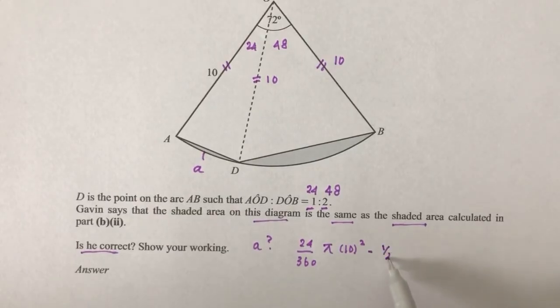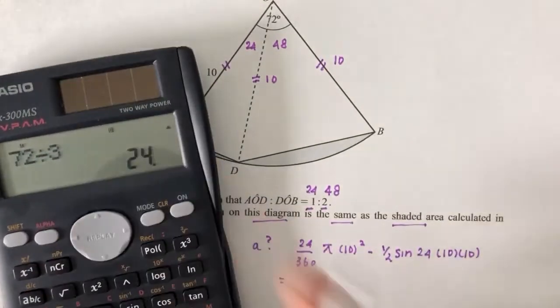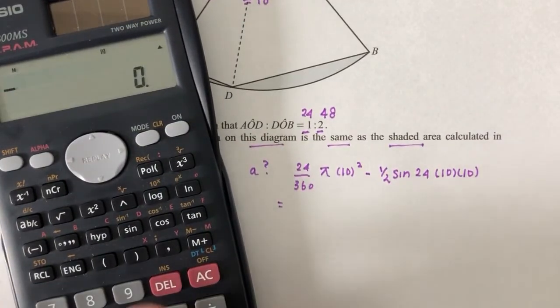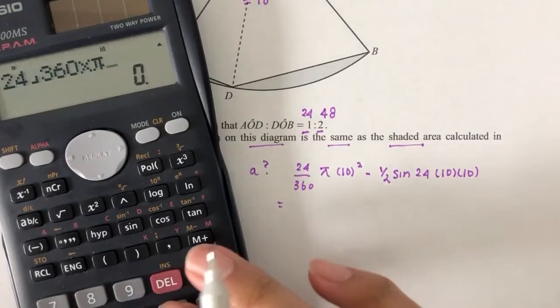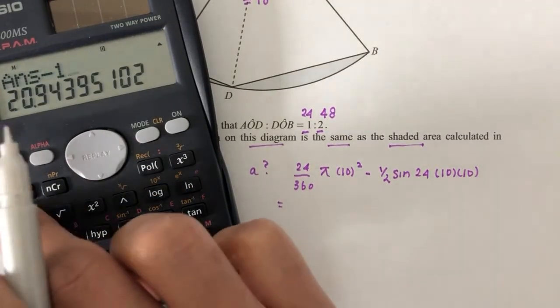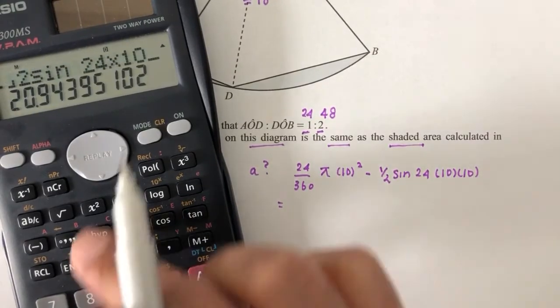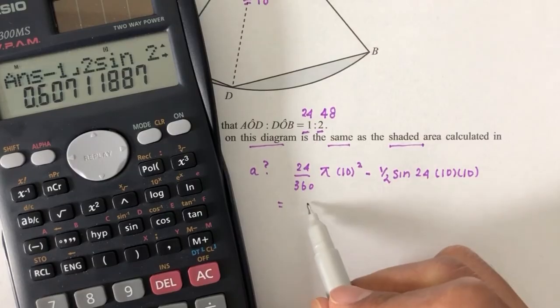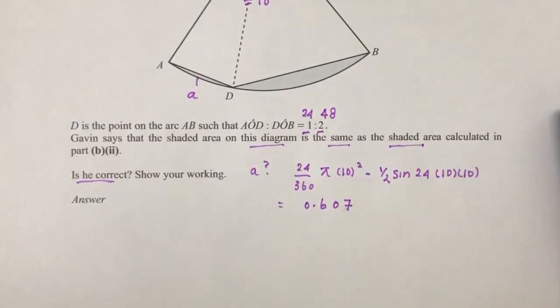The triangle will be half sine of 24 times 10 times 10. So let's simplify: 24 over 360 times pi times 10 squared minus half sine of 24 times 10 squared. That will be 0.607. Now that is the area of A.